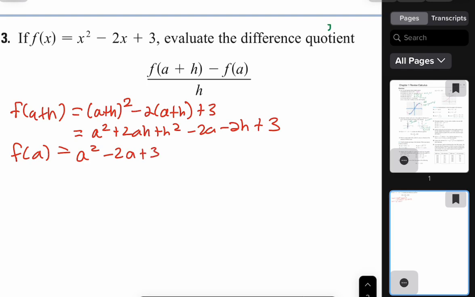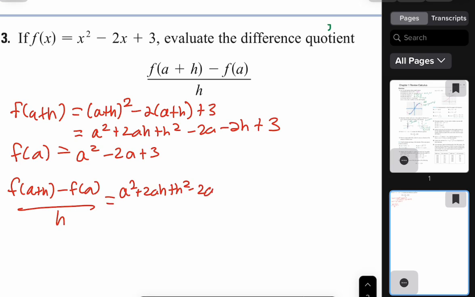Now, once we have those done, we're going to just plop them into the formula. And here's my suggestion to you when you plop them into the formula. If we put the A plus H in, that one's easy. We just plop it in. And that was the beauty of getting it done sooner.